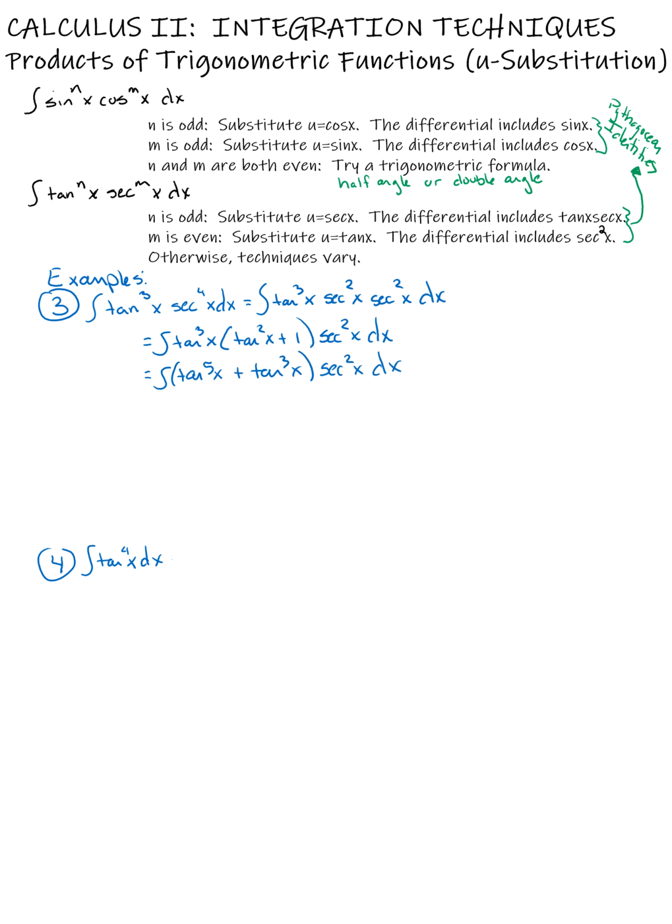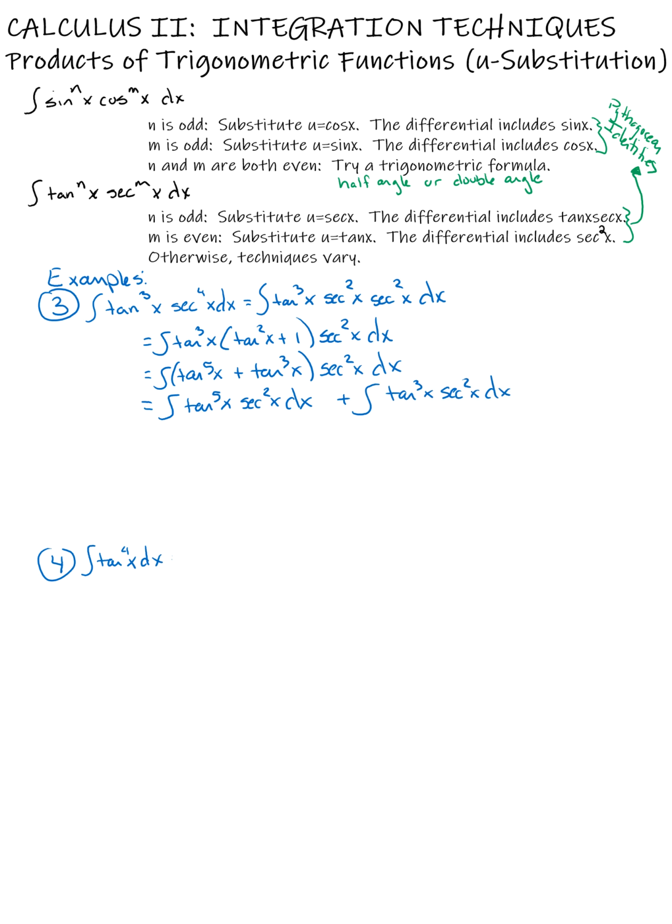And it looks like now we can actually write two different integrals. Going to integrate tangent to the fifth of x times secant squared x dx, plus we're going to integrate tangent cubed x times secant squared x dx.